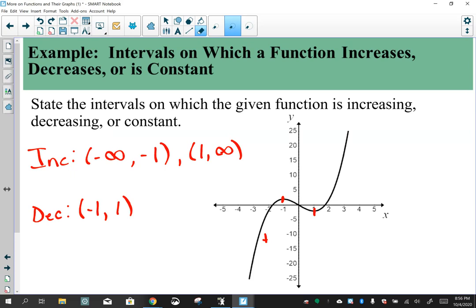You just use parentheses versus brackets because we are not including it; it's included here and here, and you can't be in two places at once. You can't be increasing and decreasing, so something special is happening there. Therefore, when we write our intervals, we write them with parentheses versus brackets. Even though that number truly does exist, it just can't show up in two different spots.